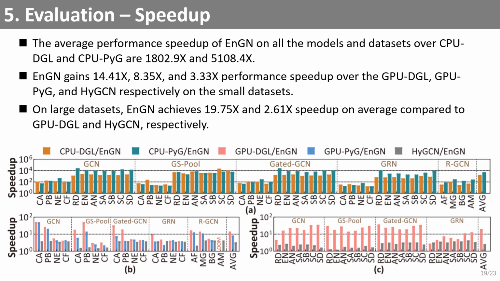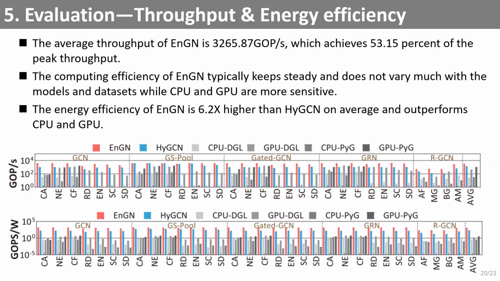We evaluate and compare the throughput of EnGN, CPU, GPU, and HyGCN on the GNN benchmark. The result reveals that the average throughput of EnGN is about 3,000 giga operations per second, which achieves 53.15% of the peak throughput.